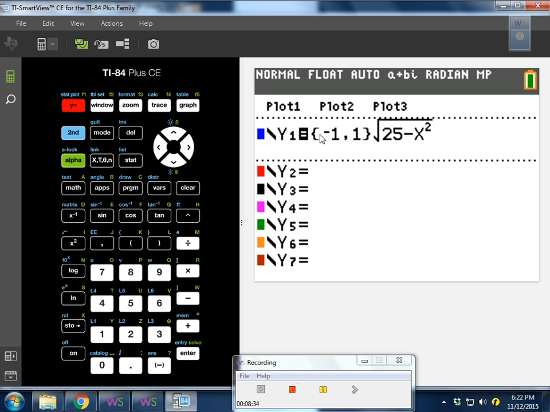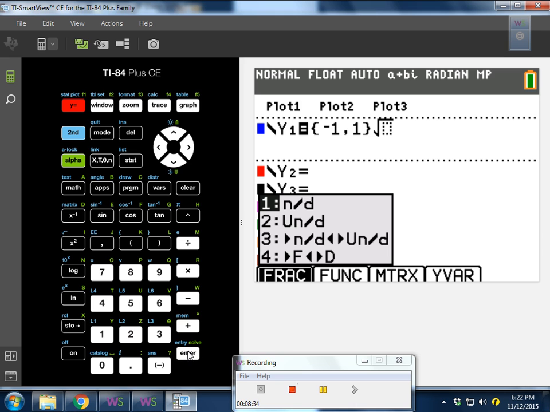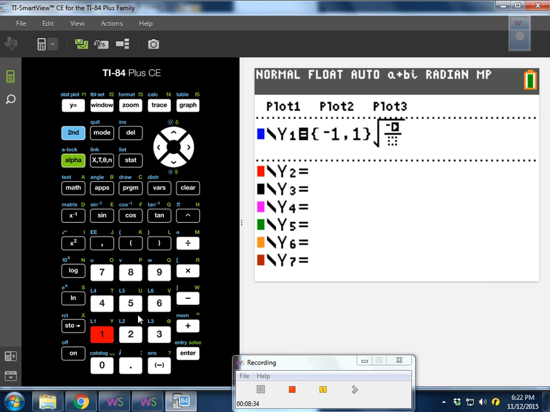I'm going to go back here. I still want that plus and minus, so I'm going to keep the root, but I'm going to delete everything that's under the root. And I need a fraction, so I'll get fraction boxes underneath there. On top was negative 16x squared plus 144.